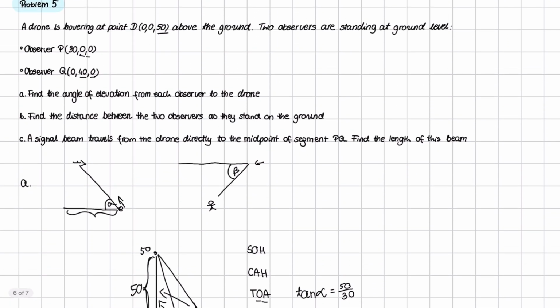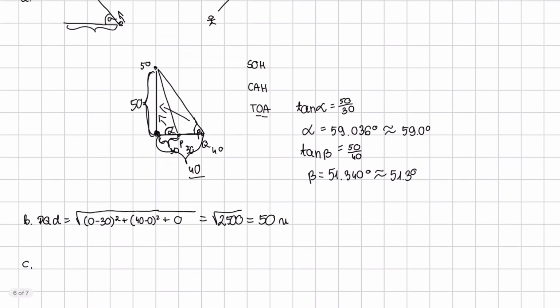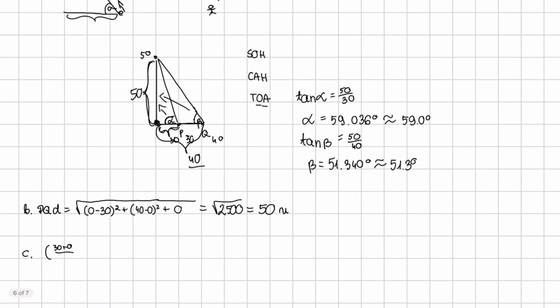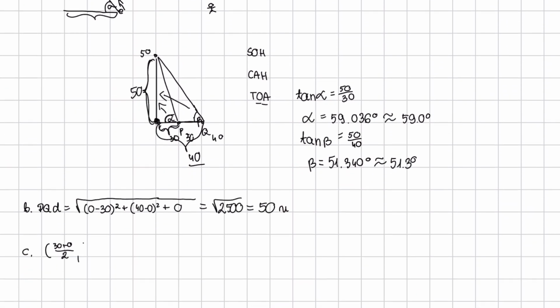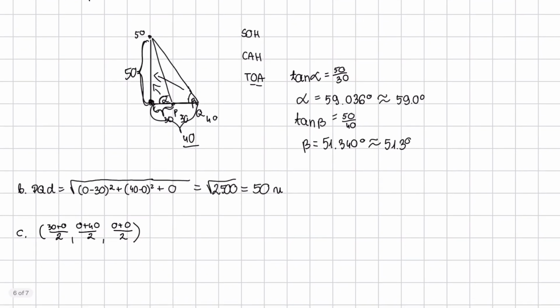So we are just adding up firstly x's, so 30 plus 0, and we divide by the number of numbers, so 2. Then we have 0 plus 40 over 2, and 0 plus 0. Here we have to write 0 plus 0 because this is our coordinate, so we cannot miss it. And our midpoint is 15, 20, and 0.